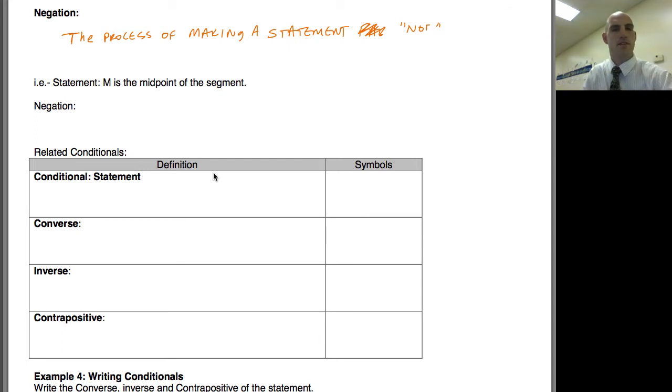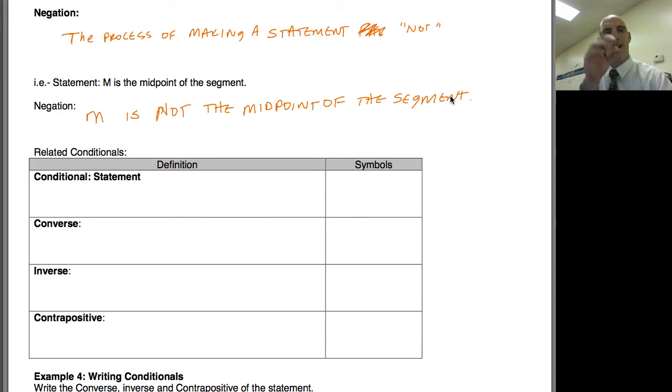If the statement is M is the midpoint of a segment, the negation would be M is not the midpoint of the segment. That's all there is to it. You add that not in there and you make it the negative. So if I say I'm wearing a necktie, the negation of that would be I am not wearing a necktie. It's pretty simple.